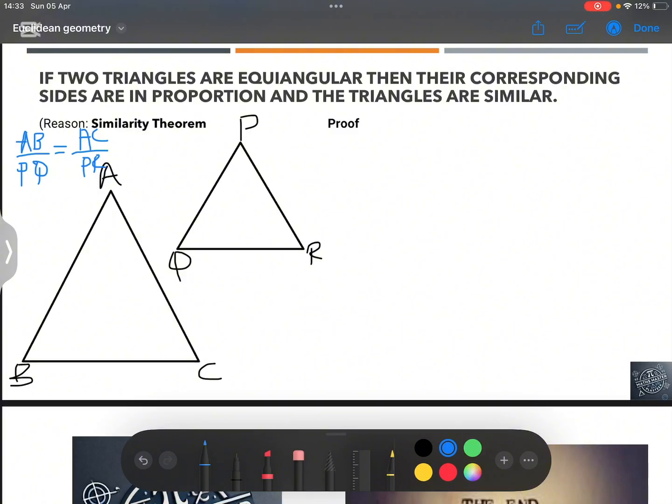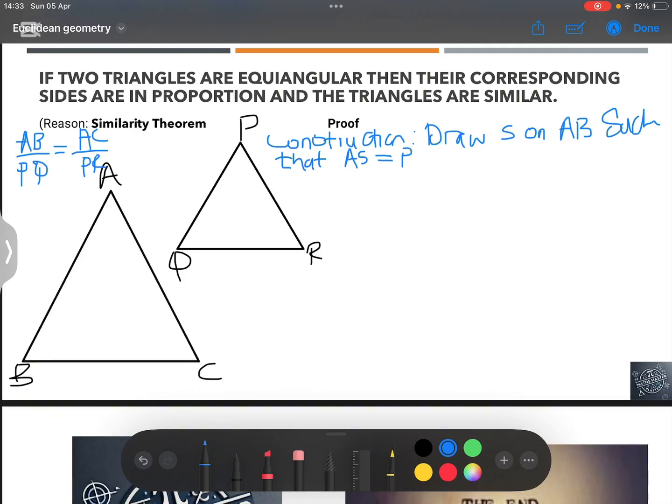Then by construction, let's mark S on AB such that AS is equal to PQ.